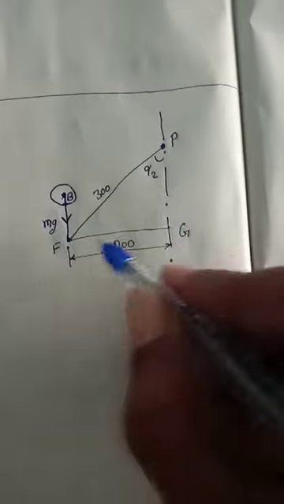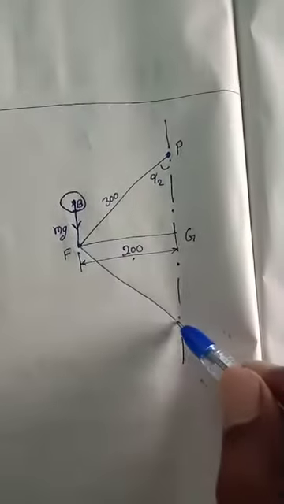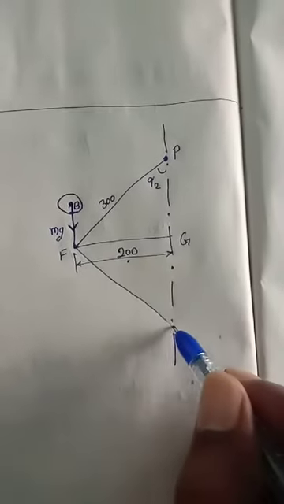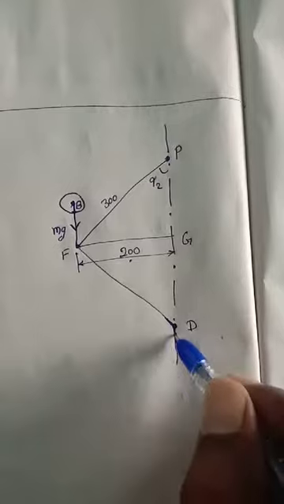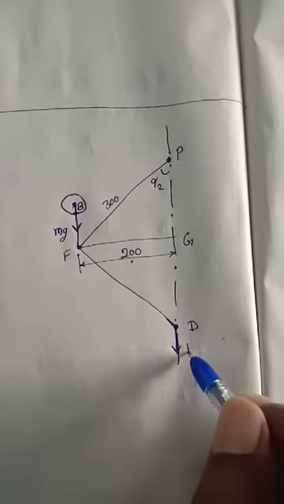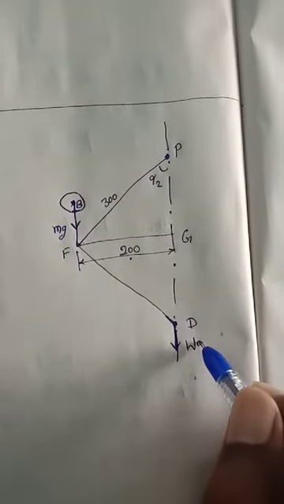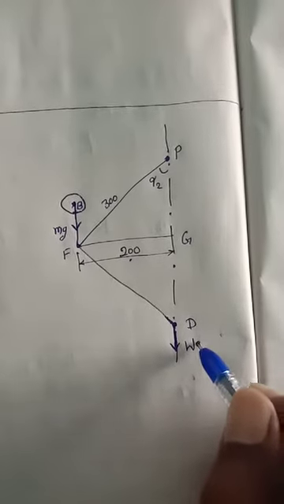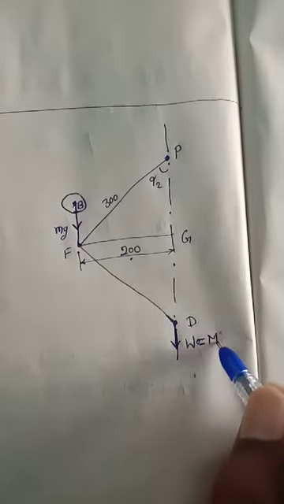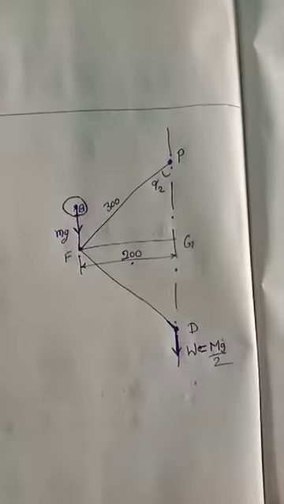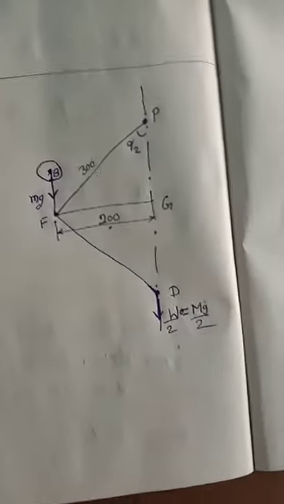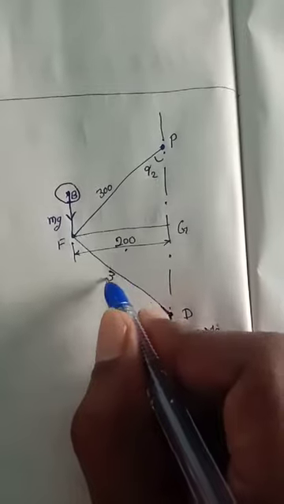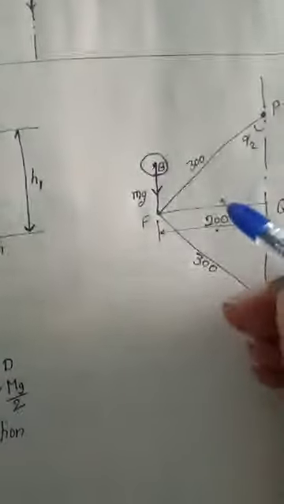Then here we come to the point called D. We know very well that capital W is equal to capital M G by 2. Now this link is also 300.